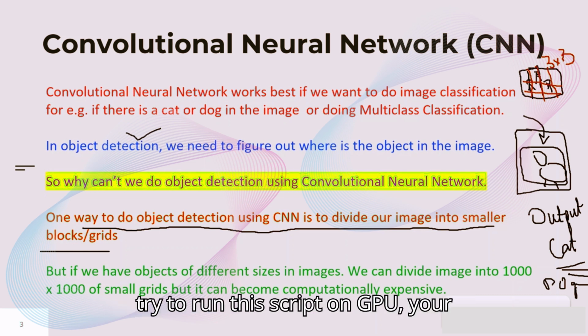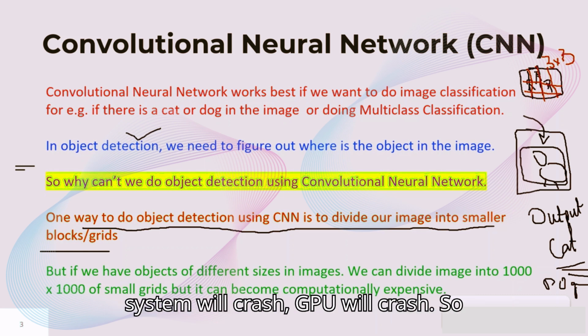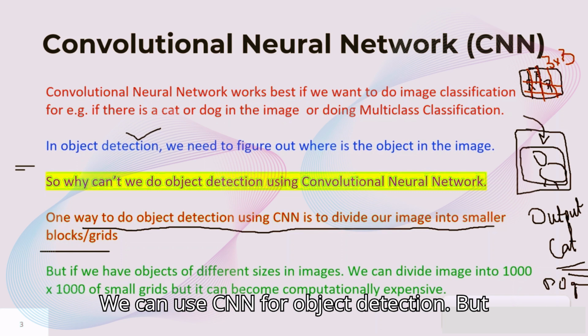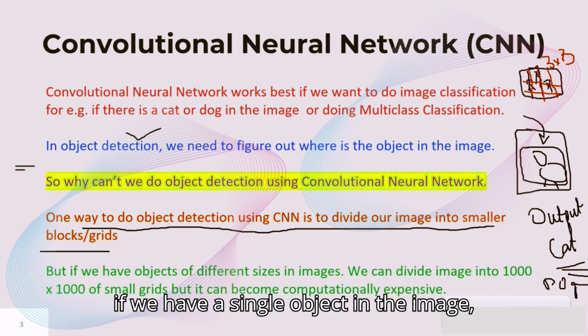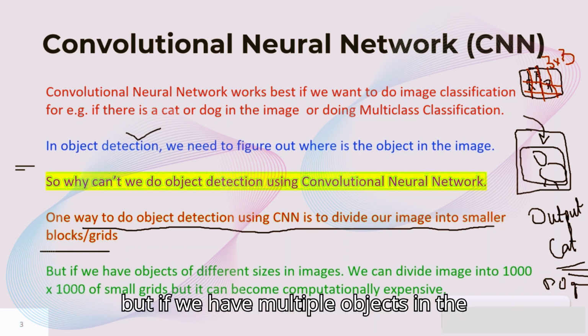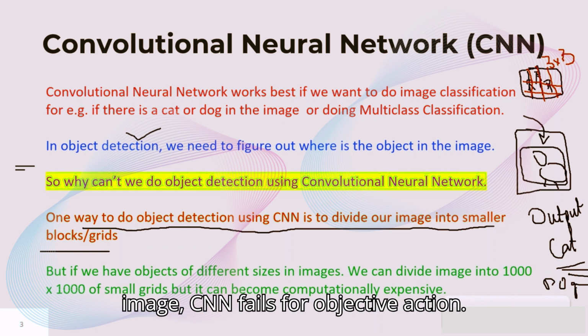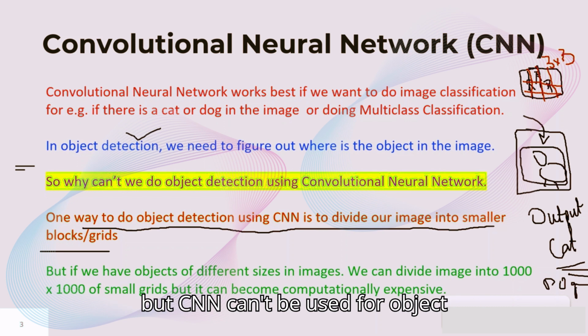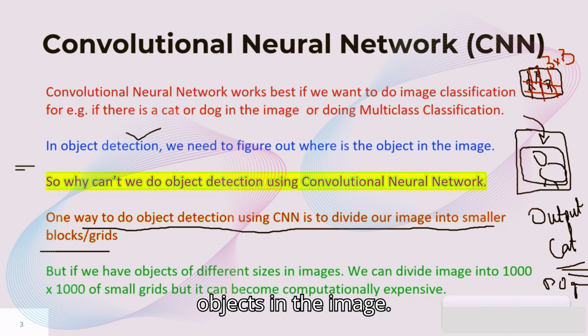If you try to run this script on a GPU, your system will crash. So this will not work. We can use CNN for object detection if we have a single object in the image, but if we have multiple objects in the image, CNN fails for object detection. CNN works best for image classification, but CNN can't be used for object detection if we have multiple objects in the image.